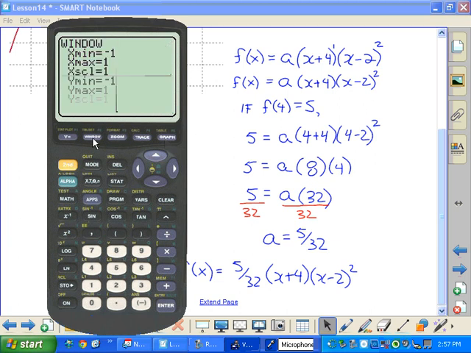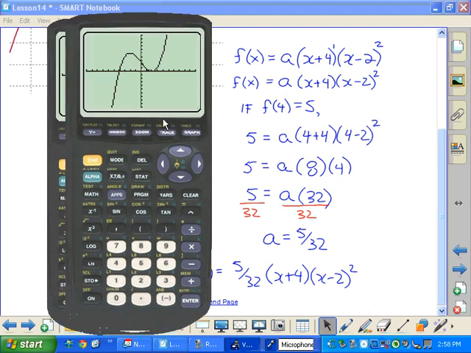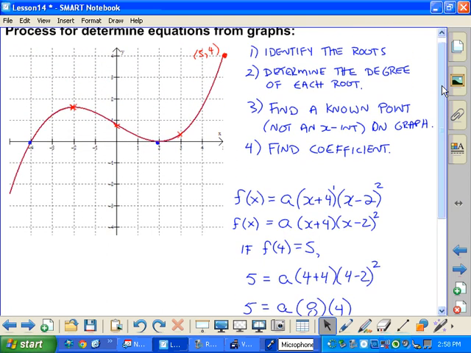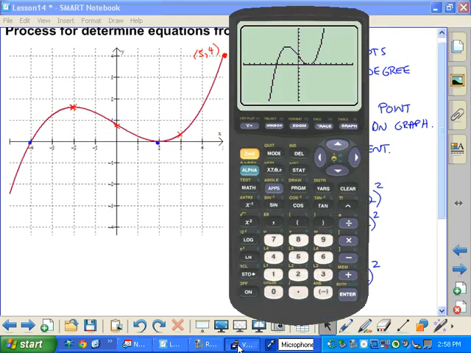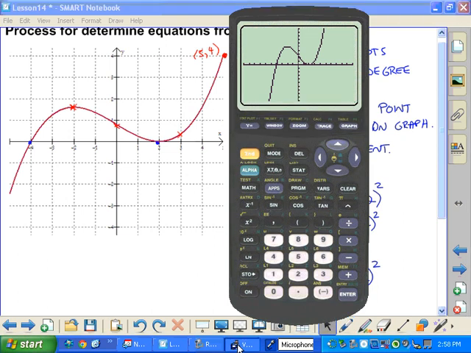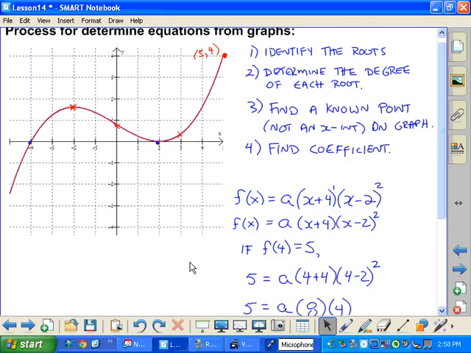Oh, I've got to change my window, of course. Try that one more time. So I'll just scroll up here so we can compare that side by side. If you look at it, it's pretty darn close. It's not perfect. The max goes up a little bit higher than what mine does, but for the most part, it's going to be close enough for anything we're doing in this course.